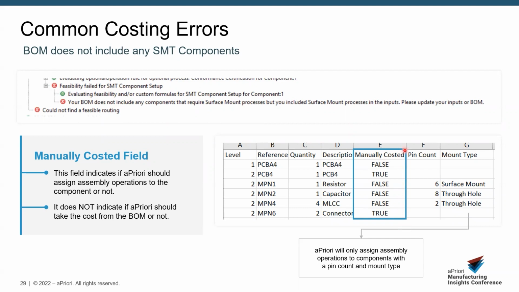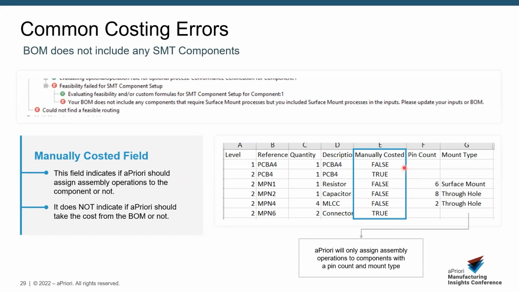The purpose of this field in the bill of material, the manually costed column, is to tell a priori if it needs to automatically assign assembly operations or not. It does not tell a priori if it should take the component costs from the bill of material or from a component library. That's really common.